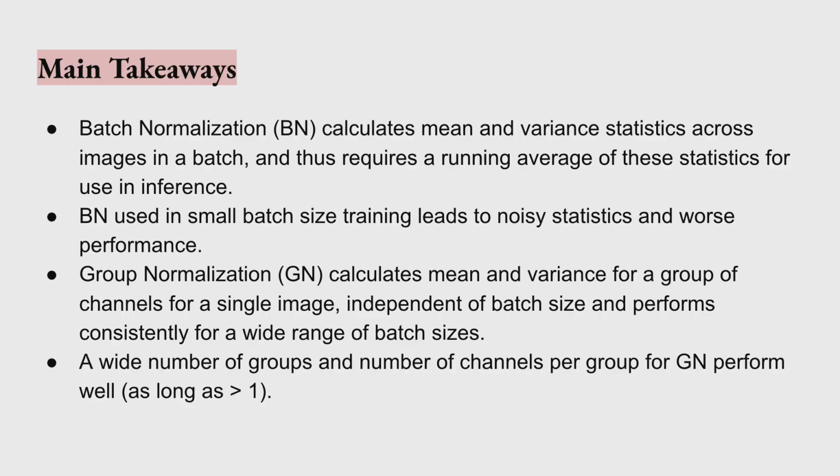Group normalization calculates mean and variance for a group of channels for a single image, independent of the batch size, and performs consistently for a wide range of batch sizes because of this independence. And a wide number of groups and number of channels per group for group normalization perform well as long as there are greater than one. And I think one thing I'll add is that group normalization takes advantage of this interdependence between channels that we lose in the situation of instance normalization.